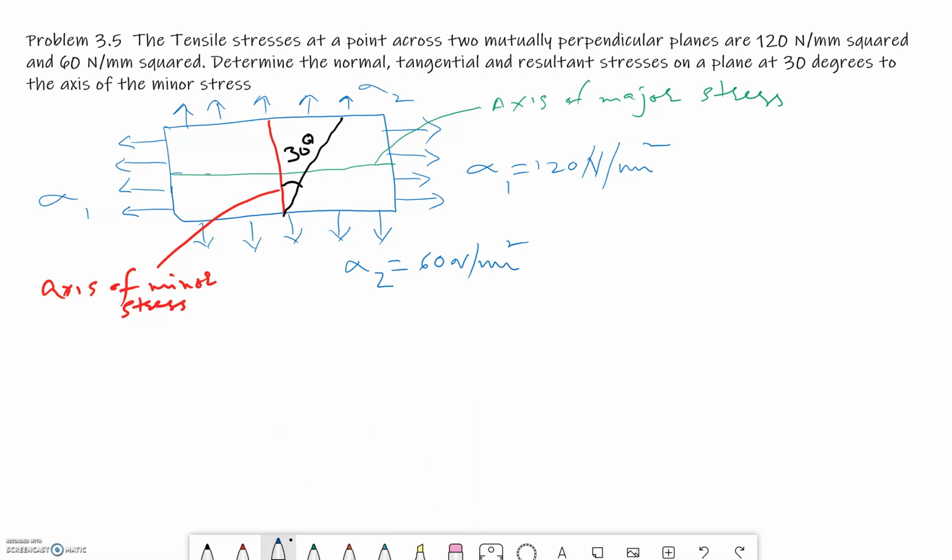So the major principal stress is given, sigma 1 is equal to 120 Newton per mm squared. Minor stress is given, sigma 2 is 60 Newton per mm squared. And the angle of oblique plane with the axis of minor principal stress is given, theta is given as 30 degrees.